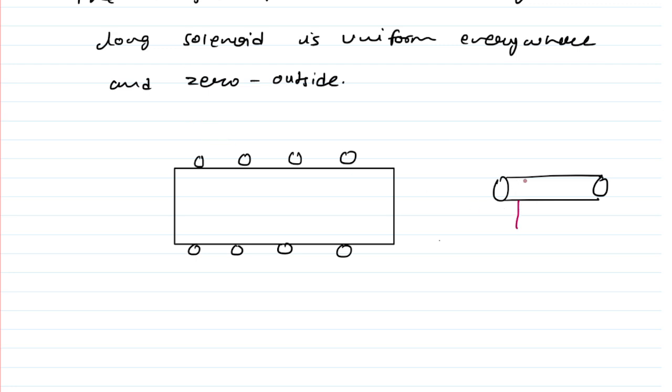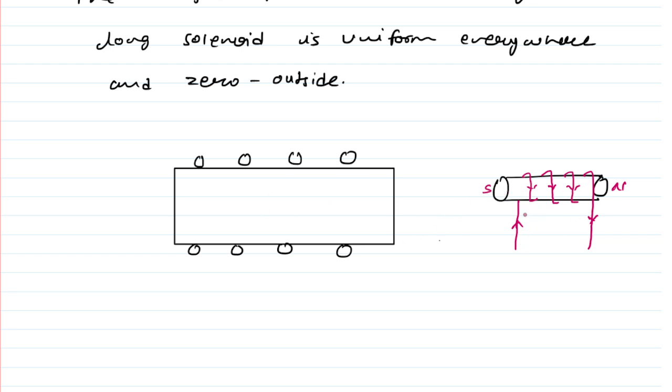So this is how we kept the turns of copper wire. Current is flowing through these adjoining turns like this. If we grasp this solenoid in our right hand, this will become the north pole, this will become the south pole.